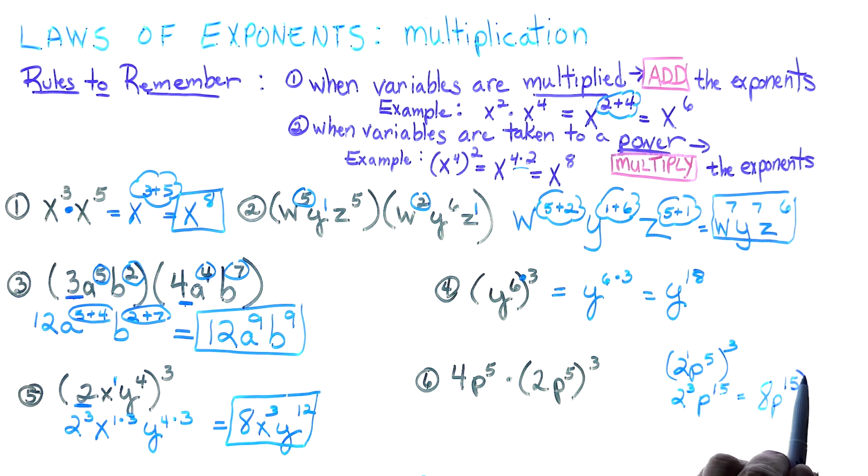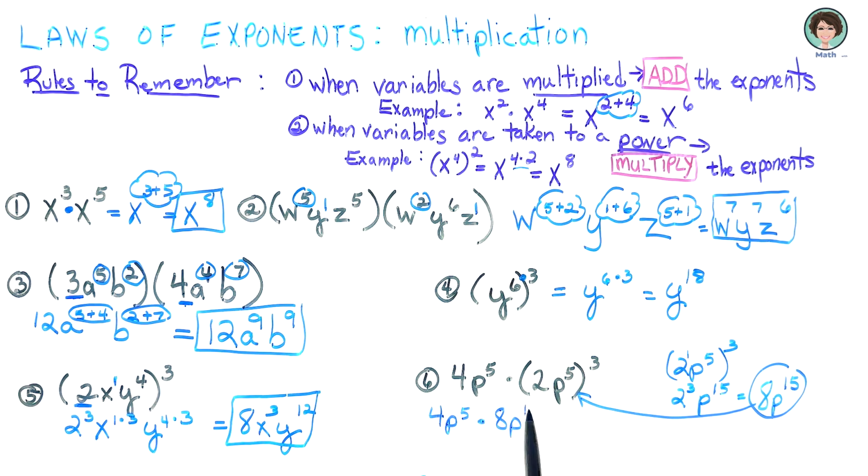I'm now going to plug this into what is left. So I have 4p to the 5th times 8p to the 15th. All right, remember, we multiply the coefficients, so we end up with a 32p, and then 15, and if you need to write it out to do 15 times 5, that's fine, and you see that that is 75, so it is going to be p to the, oh, hold on a minute.